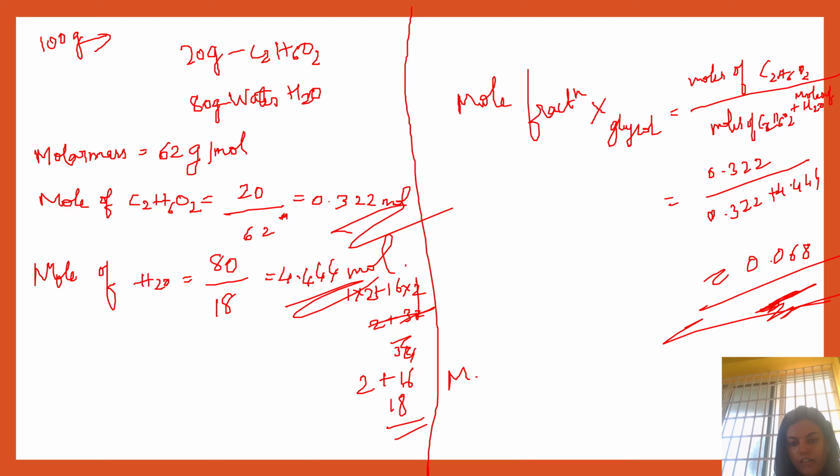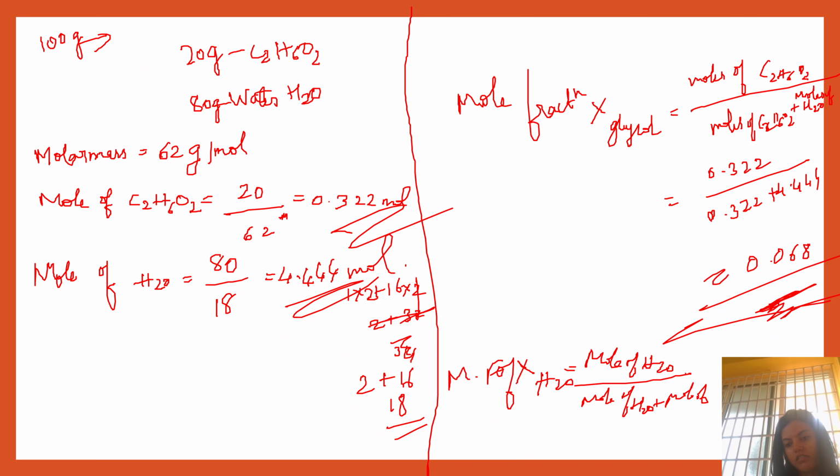And the mole fraction of H2O is moles of H2O divided by moles of H2O plus moles of C2H6O2.